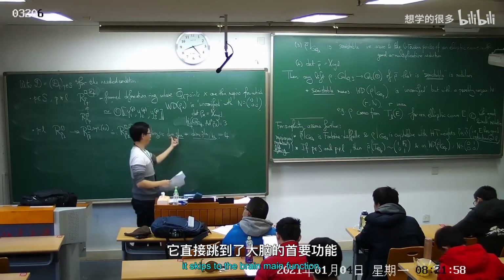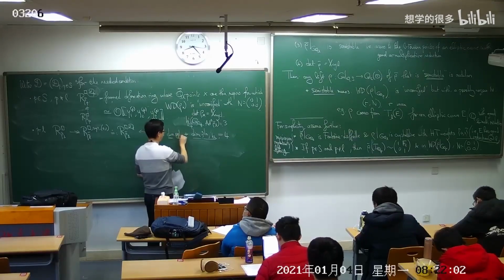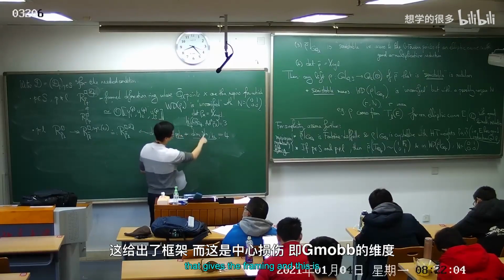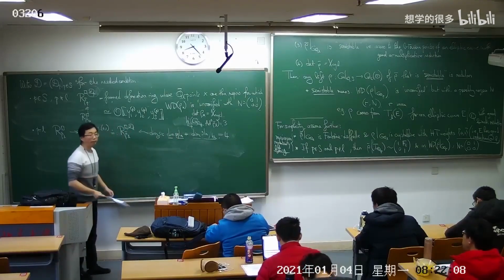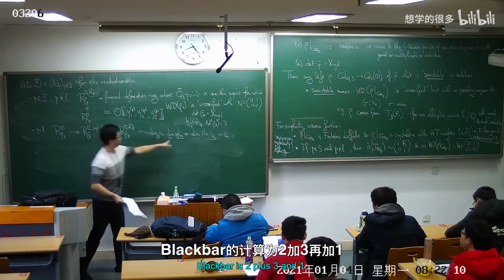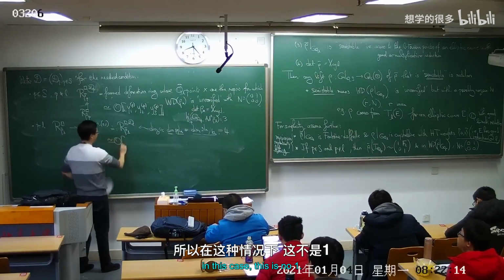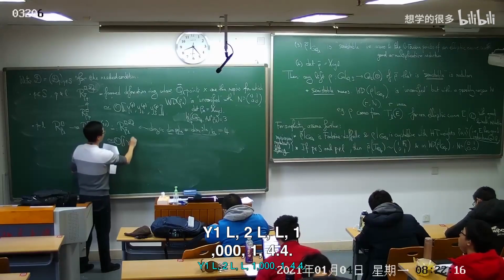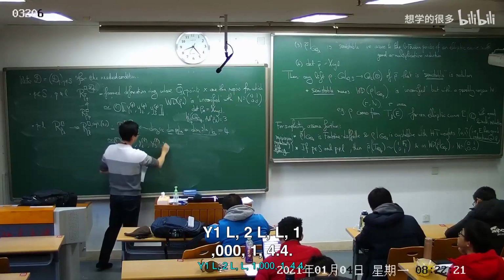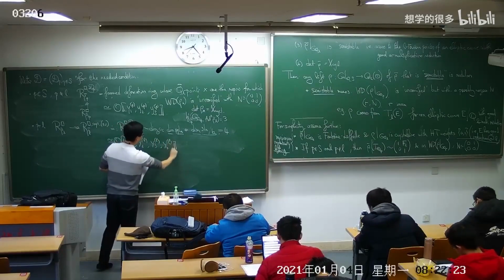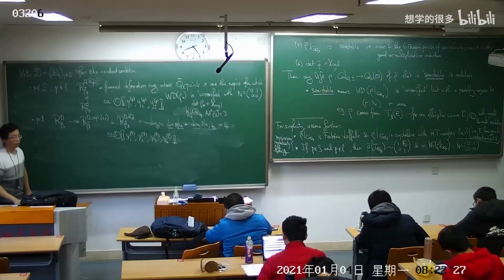This gives you the framing of the local deformation, and this is the essential dimension, which is the dimension of G mod B, likewise the 3 and 1. And so therefore, in this case, it's O, Y1L, Y2L, Y3L, Y4L, because all the Fontaine-Laffaille deformations will give you a power series ring.